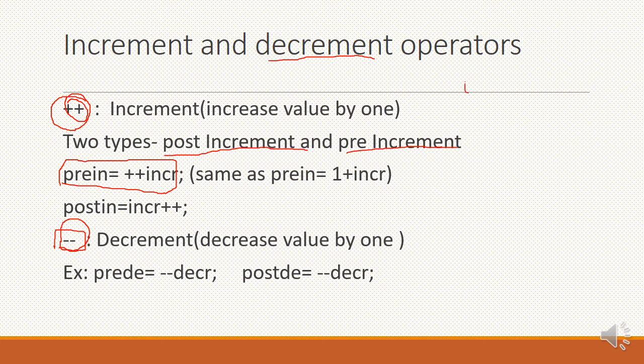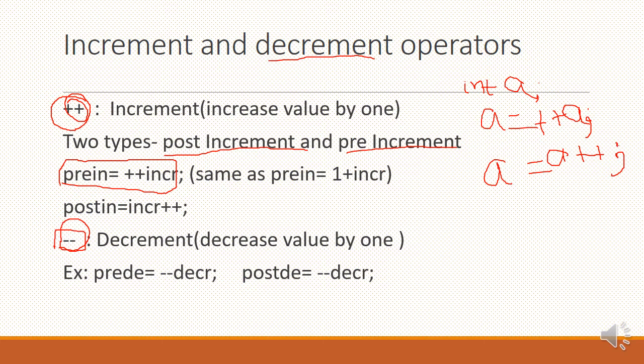Suppose I have taken int a; next I write a = ++a. Since ++ is before the variable, it is called a pre-increment. And next I am writing a = a++; with the semicolon, it is called a post-increment.